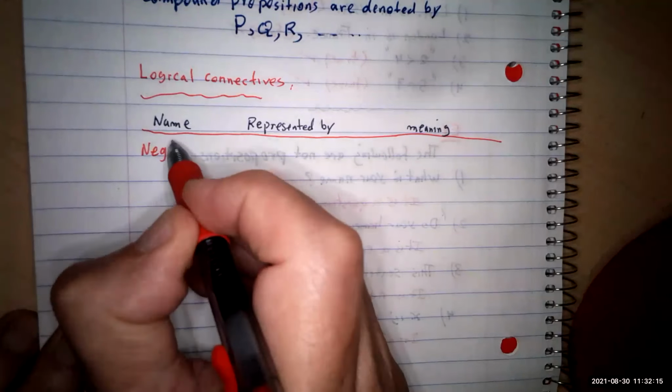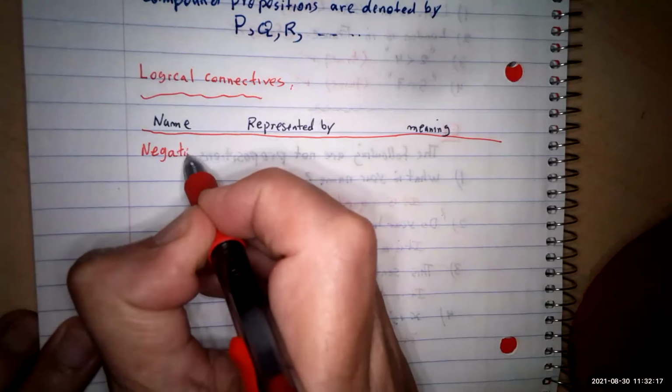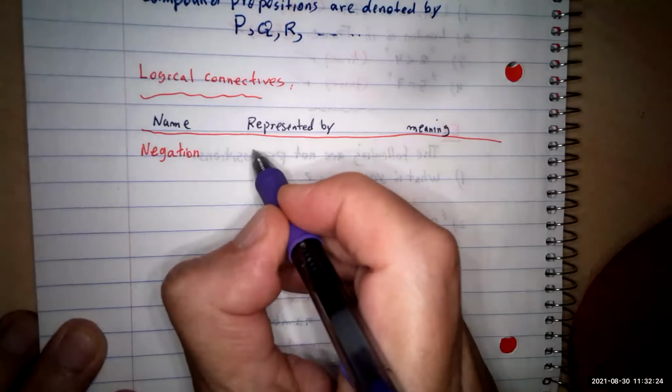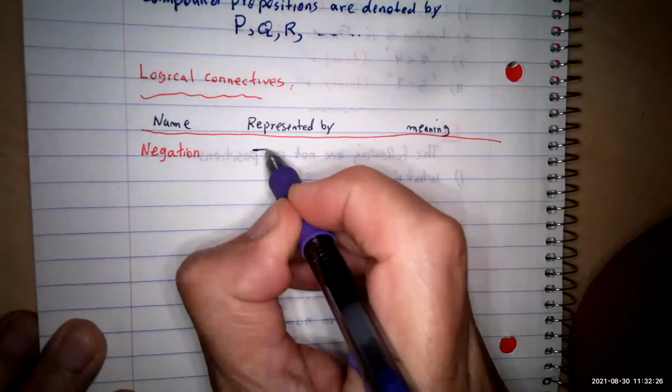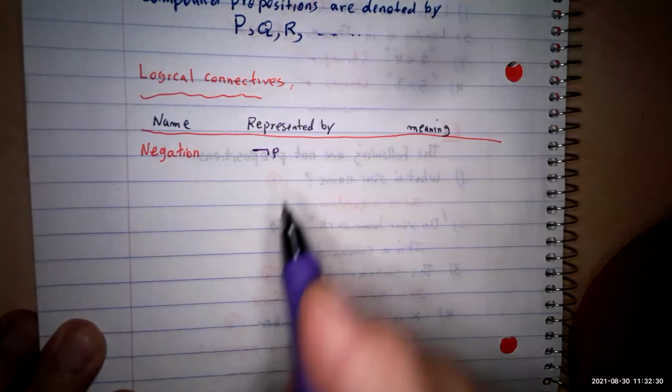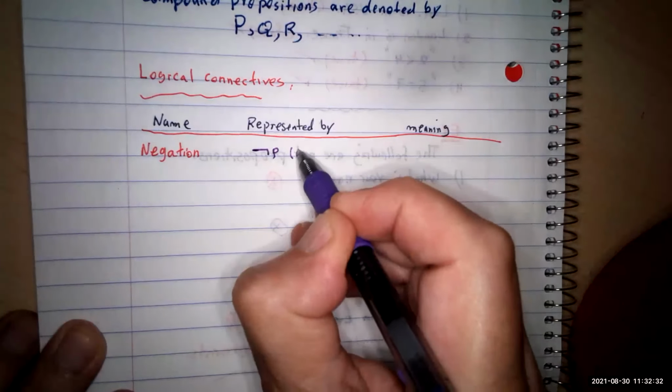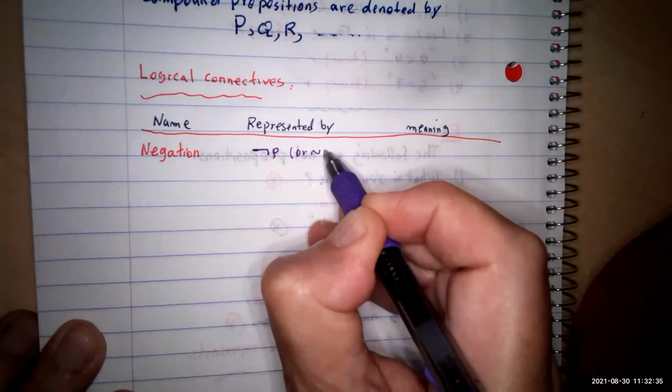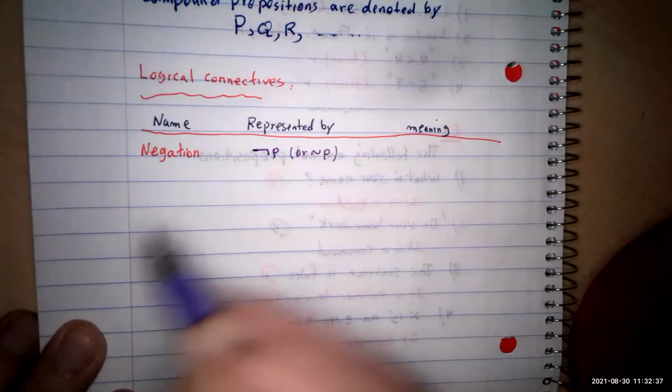The first one is called negation. The notation that we're going to use is this one. This is in your book, negation of P, but I use this notation, or maybe both of them. The second one is more popular.